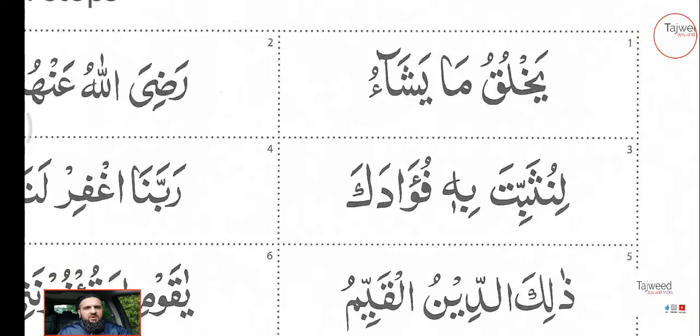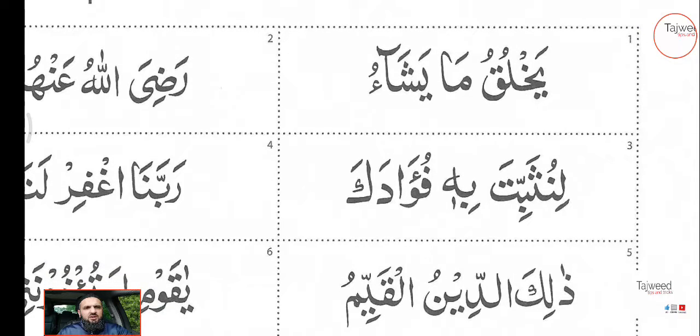You'll notice the common denominator with these is changing. In most of the examples, you'll change a fatha, a kasra, a dhamma, a double kasra, a double dhamma. Not double fatha. Double fatha, that example we've already done on page number 123.